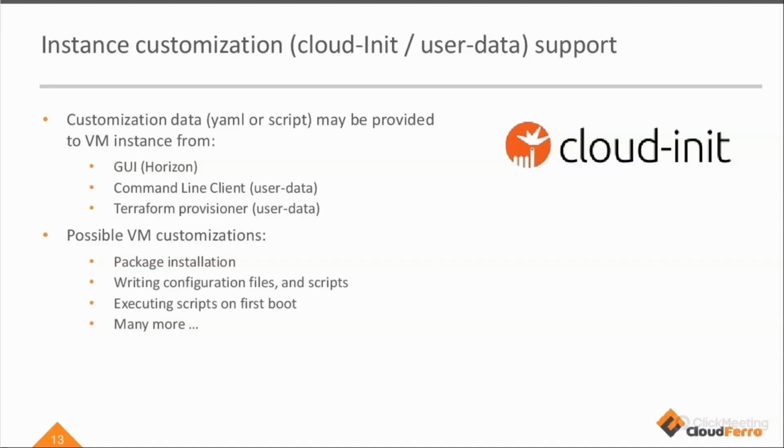CloudInit is a way of running a virtual machine so that when it starts, it gets a configuration file and configuration scripts from a dedicated network endpoint and executes all of this. CloudInit is a YAML file with information about the packages that should be installed, users to be created, etc. And you can provide this through the GUI, like a text file attached to the virtual machine, and also through all the tools that I mentioned, command line and automatic provisioning.